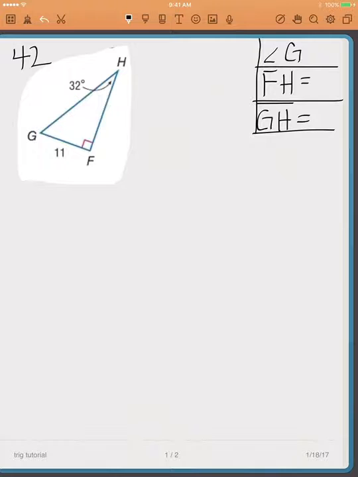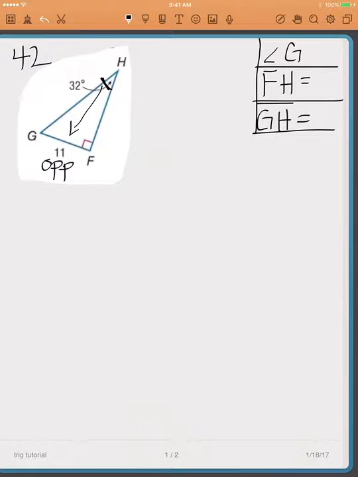So let's see. First thing that I know is I have an angle. I know I have an opposite side. If this is the angle that I'm looking at, if I'm looking from right here, then I have the opposite side. And now I can just pick whatever side I want to solve for. So let's say I want to find FH.